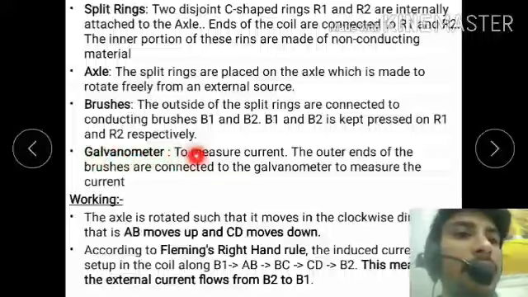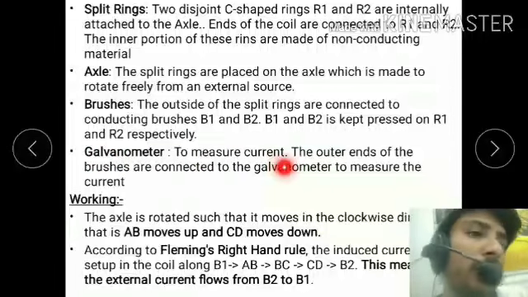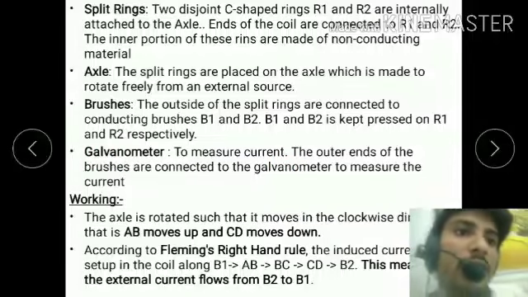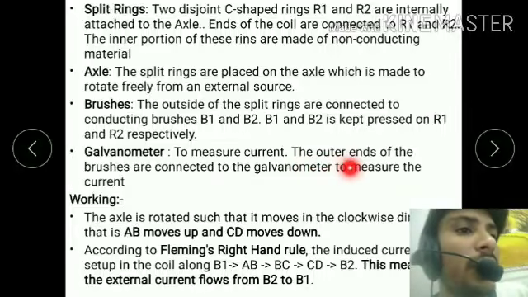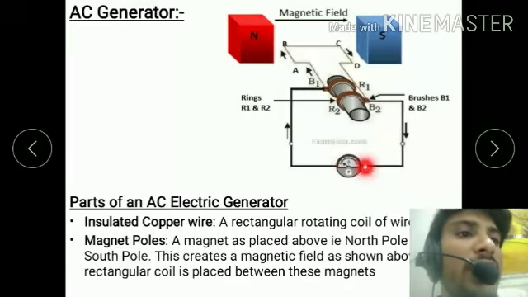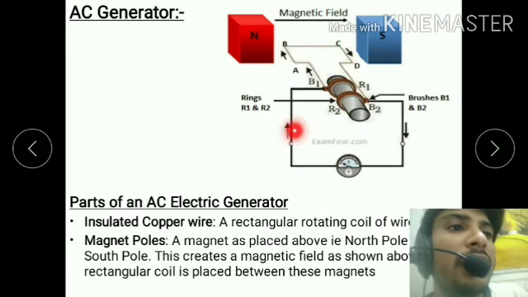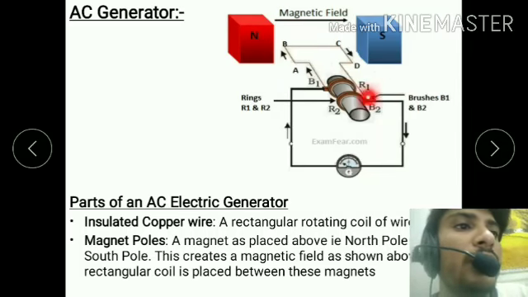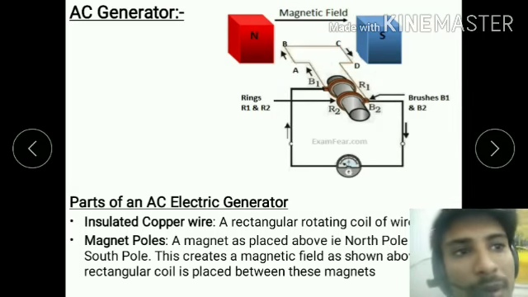And the galvanometer measures the amount of current flowing in the circuit. The outer end of the brushes are connected to the galvanometer to measure the current. Just see, this is the galvanometer and it is connected with the brush, so we can measure the current.